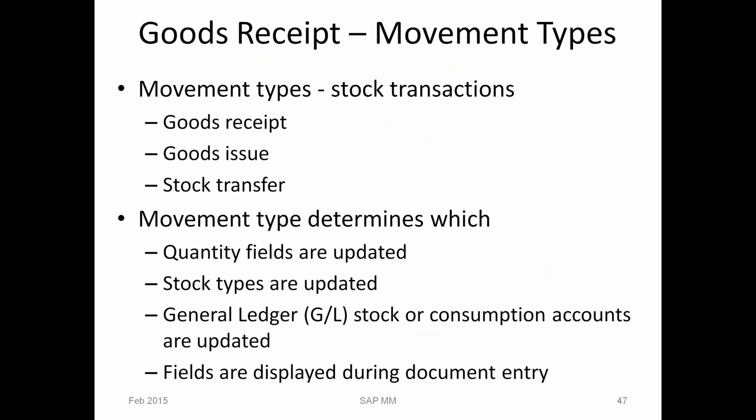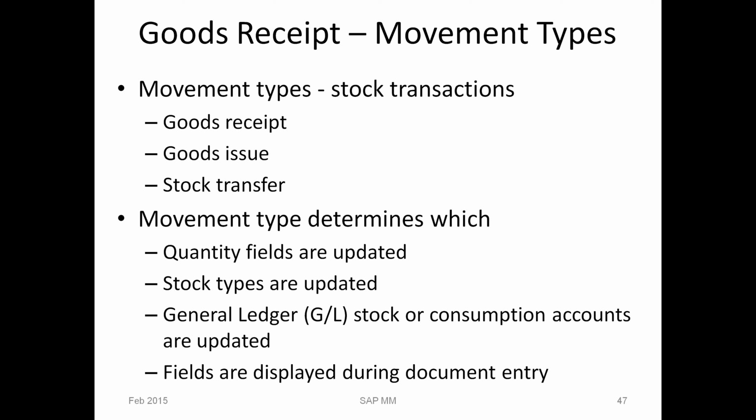We have different kinds of movement types for goods receipt. We have goods issues. We have stock transfers. The stock transfer is basically moving the material from one plant to another plant, or moving the material from one storage location to another storage location. That is what a stock transfer is.